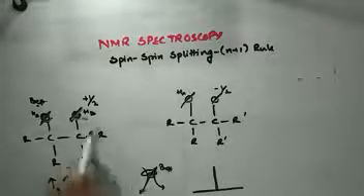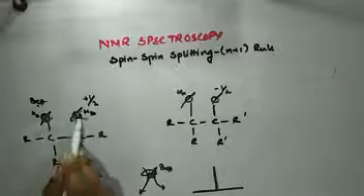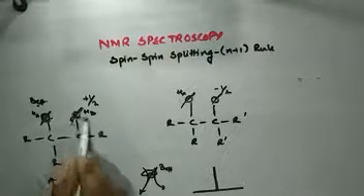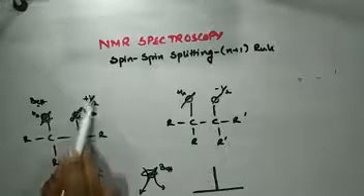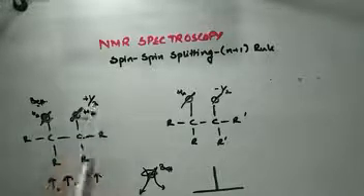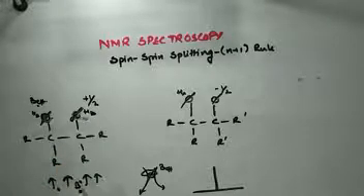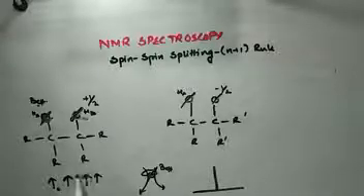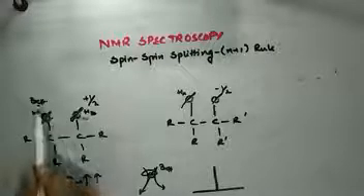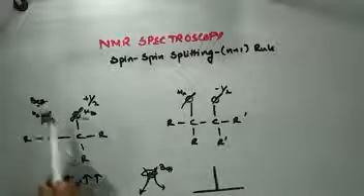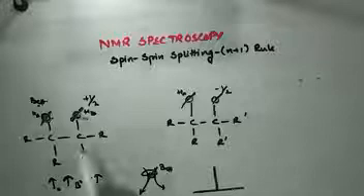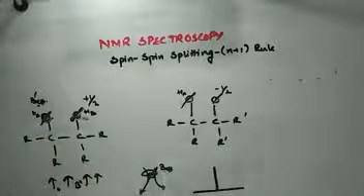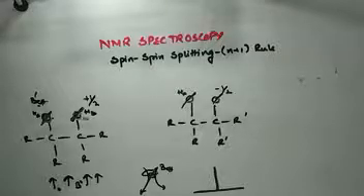Now whenever there is an adjacent NMR active nucleus, if this nucleus is arranging itself with the external applied magnetic field, it will try to enhance this external applied magnetic field. That means the B effective now will be more than what it is here. If I say this is B dash effective, B dash effective will be greater than B effective.